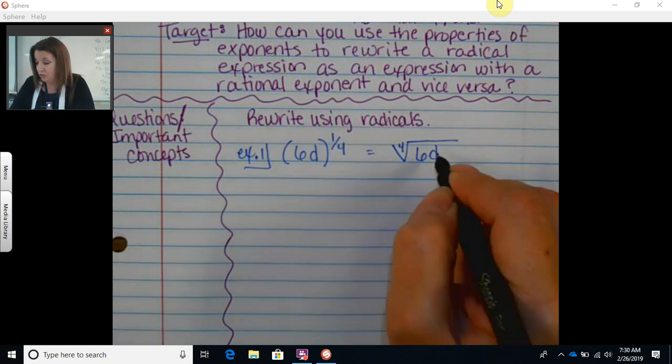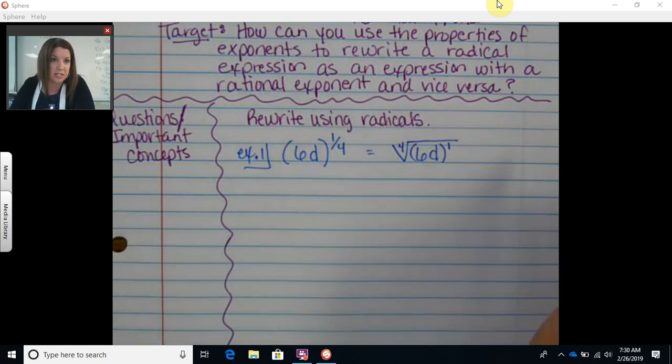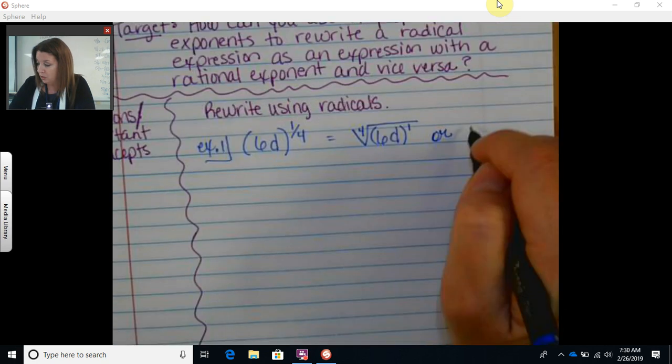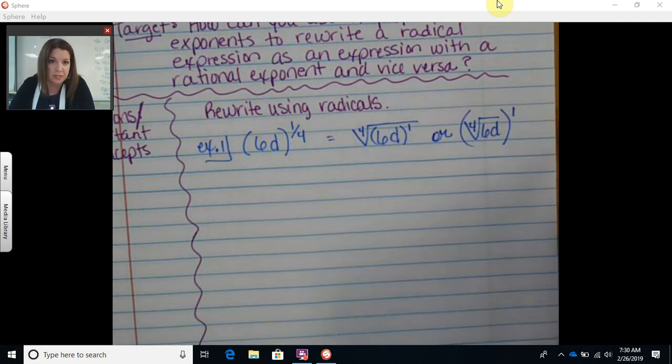So you could write it like this: 6d raised to the 1st power, and obviously if your exponent is a 1, you don't need to write that. But say it was a 2 or a 3 or a 4, that would be important. Or another way you could see it written was the fourth root of 6d, with parentheses around the whole thing. Again, exponent 1, it doesn't make a difference.